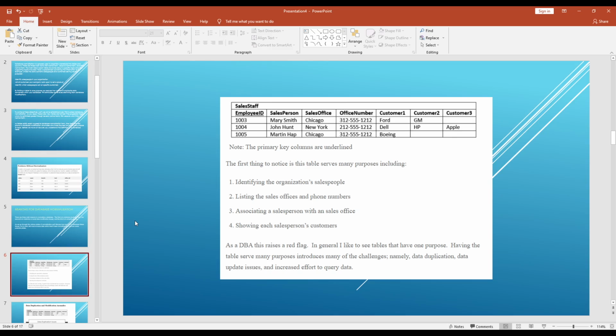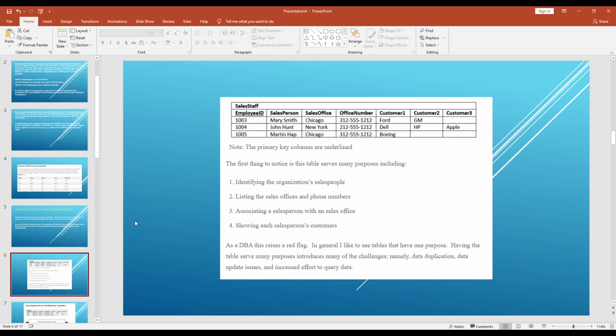And we go to the second column, salesperson. First row is Mr. Smith, second row is John Hunt, and third row is Martin Hack. And we go to the third column, sales office. First row Chicago, second row New York, third row is Chicago.